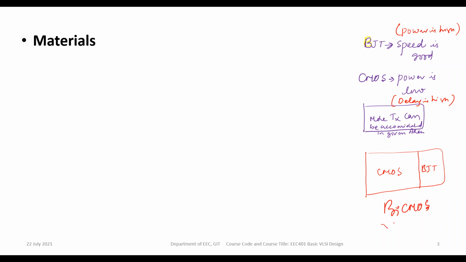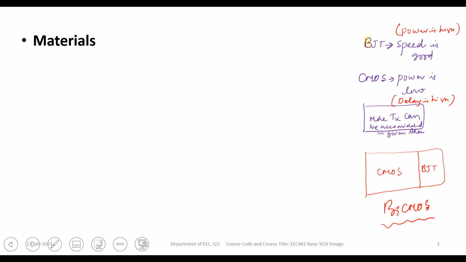Taking the advantage of bipolar junction transistors and the advantage of CMOS and combining them, it is considered BiCMOS technology. Clear? So the BiCMOS technology will provide you moderate power consumption and moderate propagation delay. Clear?